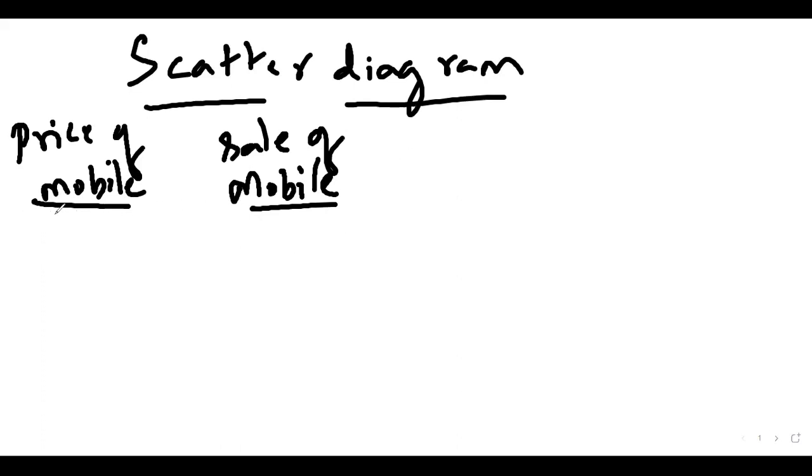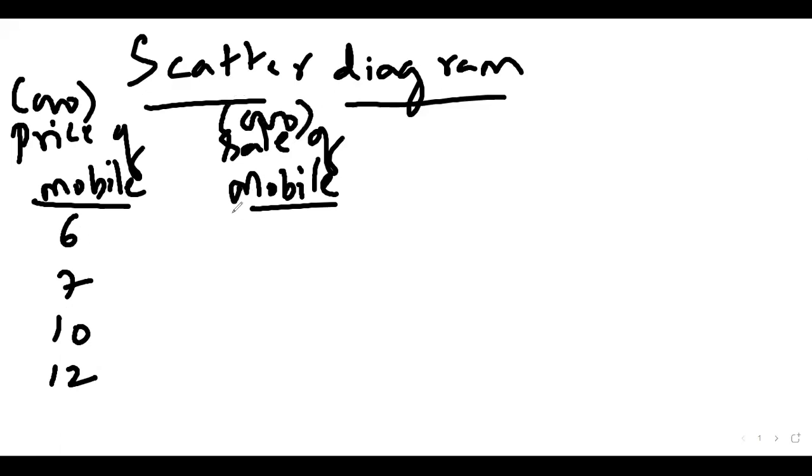Let us assume that the price is in terms of thousands: 6, 7, 10, 12. The sale of mobile is 4,000, 1,000.